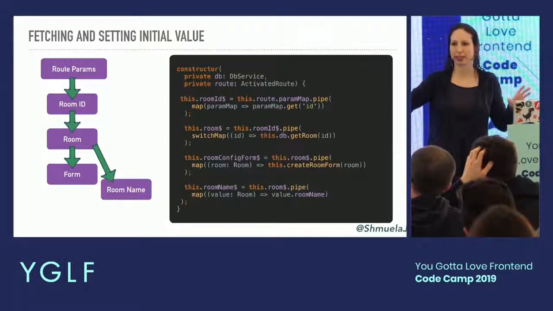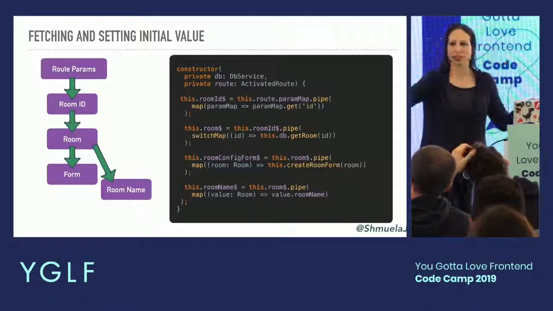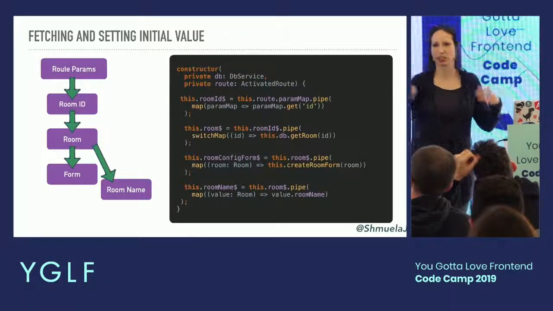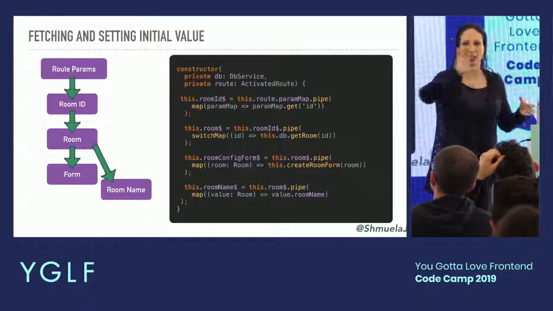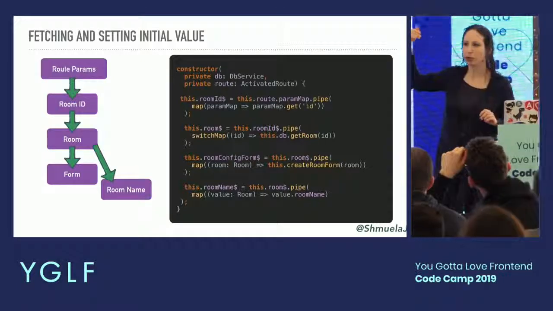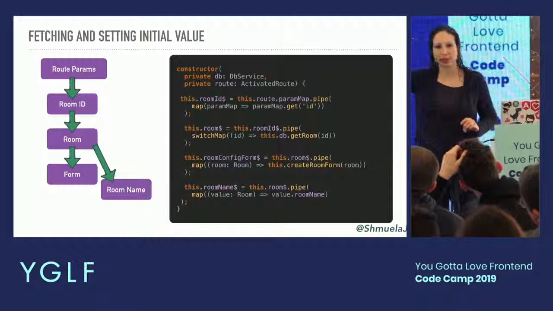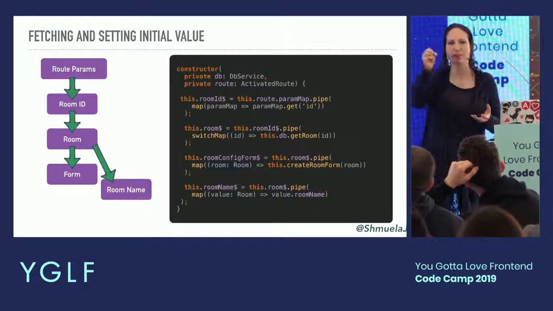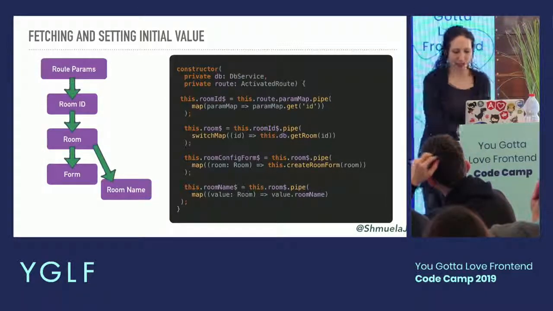These are not subscriptions, but operators that take one observable and change it to two different observables that we're going to use. So with the room configuration, one observable is the form and the other one is the room name. So we just map it to just grab the room name from that.